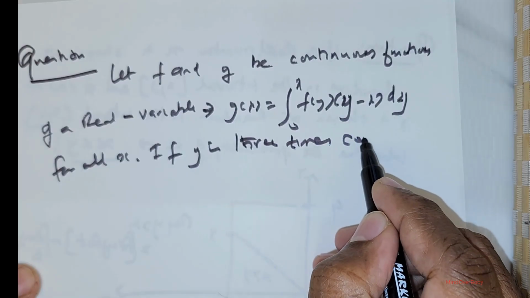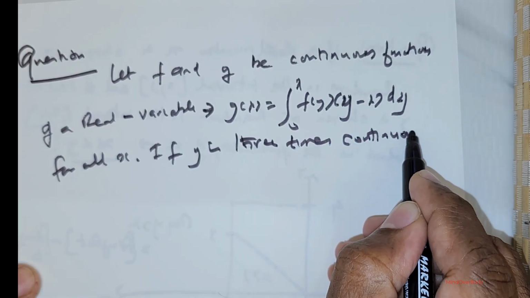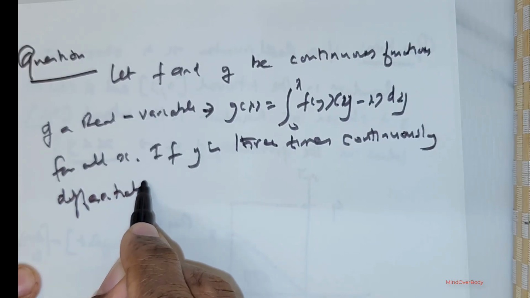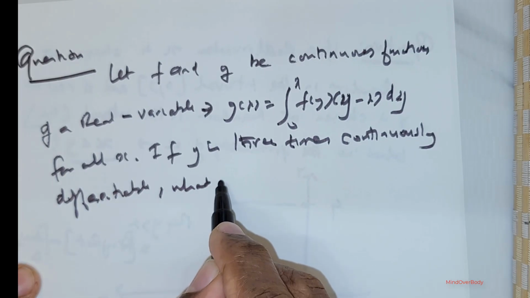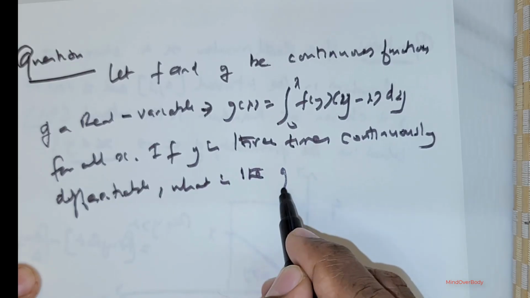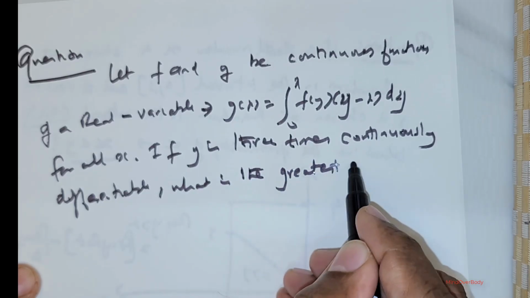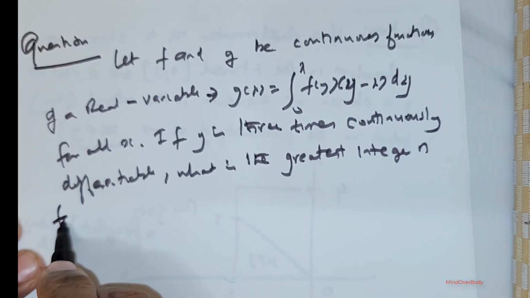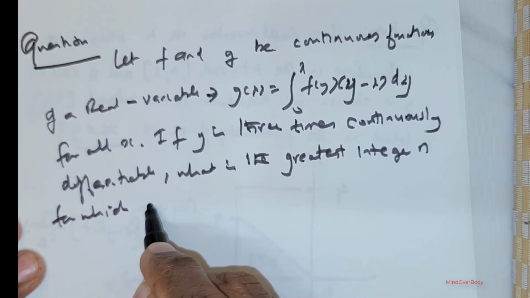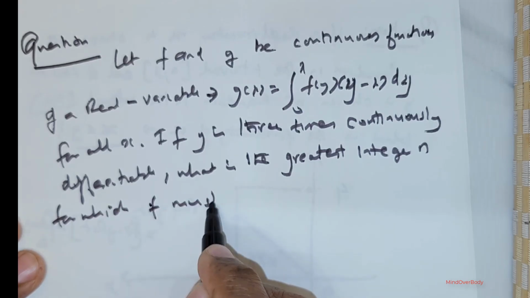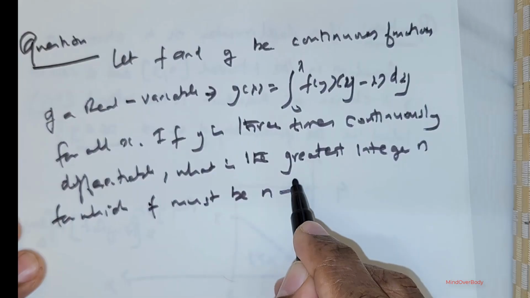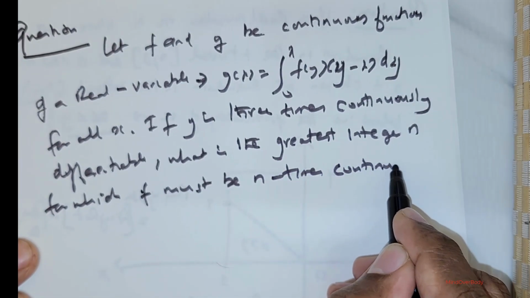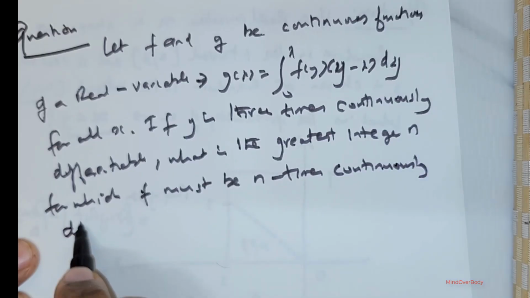If g is 3 times continuously differentiable, what is the greatest integer n for which f must be n times continuously differentiable?